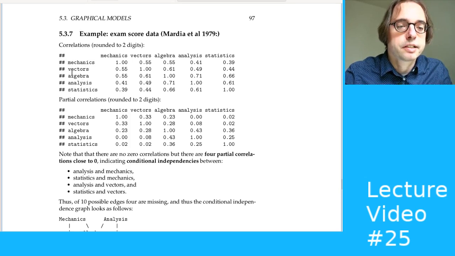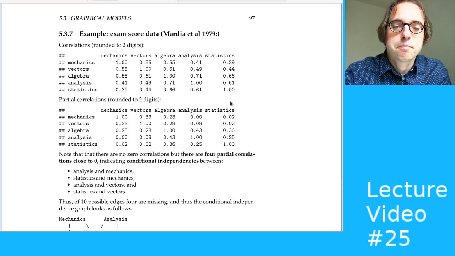We have mechanics, vectors, algebra, analysis, and statistics. And the question is, how do students perform, or is there any relationship between subjects? And here you see just the normal plain correlations.